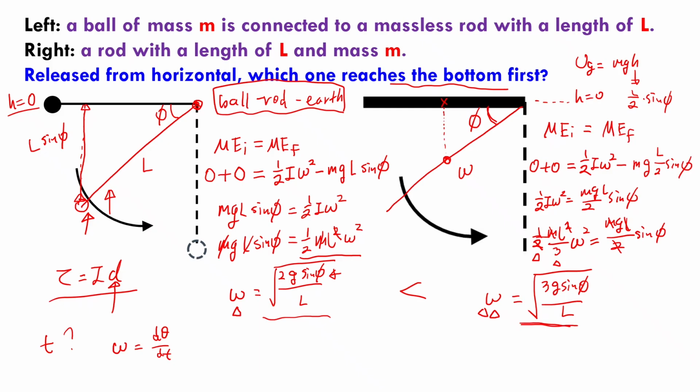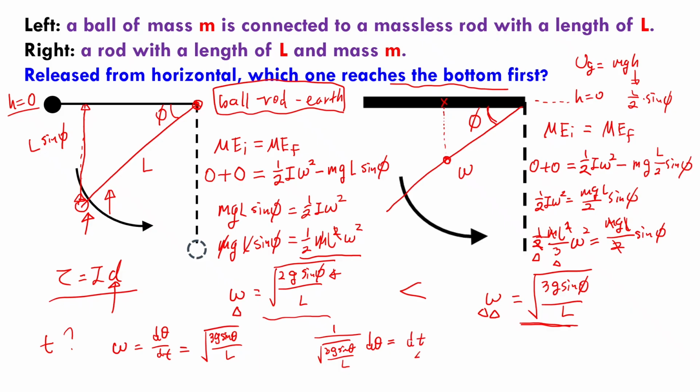So if we use the right system as an example, then this angular velocity equals the square root of 3g sine theta divided by L. If we want to find the time, we can write 1 over the square root of 3g sine theta divided by L times d theta equals dt.